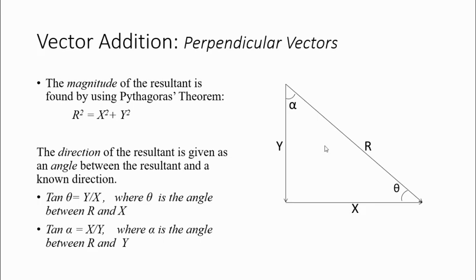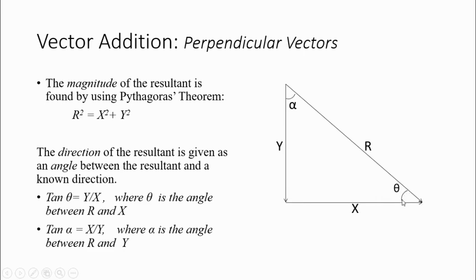So based on the diagram we have here, we could give the direction of the resultant in terms of angle theta. So the resultant r makes the angle theta with vector x. Notice they're both going towards this point.